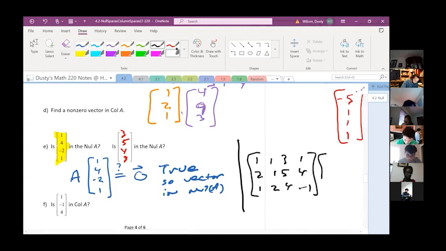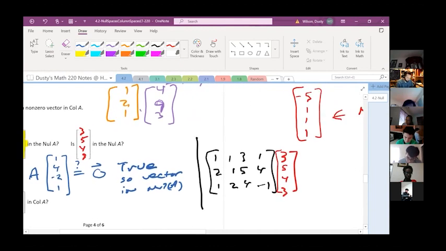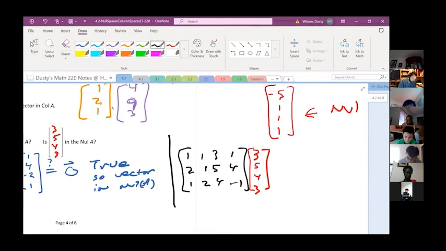And we're going to multiply it by this thing that you gave me, 3, 5, 4, 3. And we're going to ask, is it 0 or not? So I think I got 3 plus 5 is 8, plus 12 is 20, plus 3, I got 23.